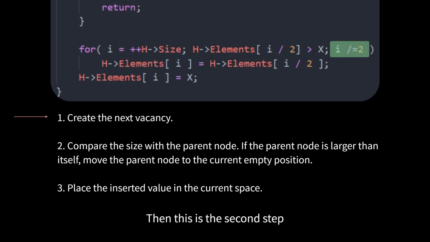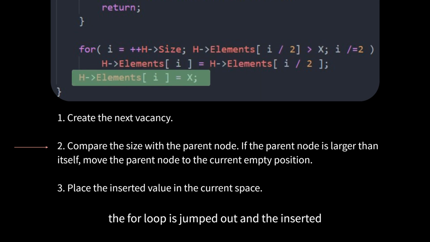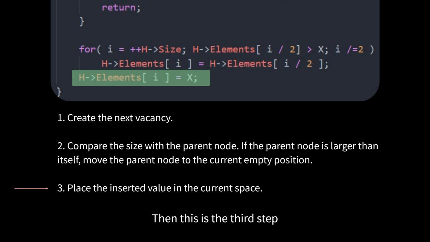This is the second step. Until this condition cannot be met, that is, when the inserted x is larger than or equal to the parent node, the for loop is jumped out, and the inserted value is assigned to the current inserted position, i. This is the third step.